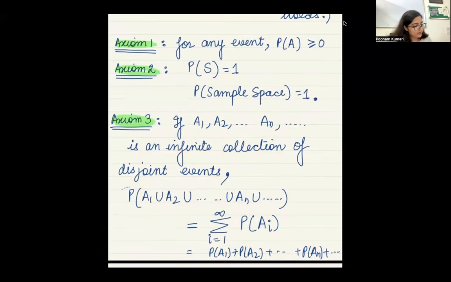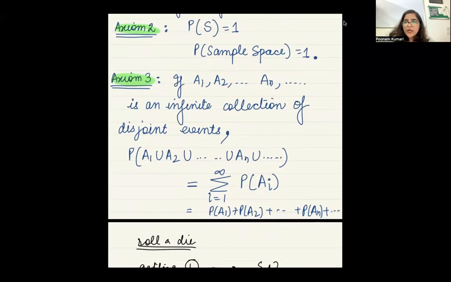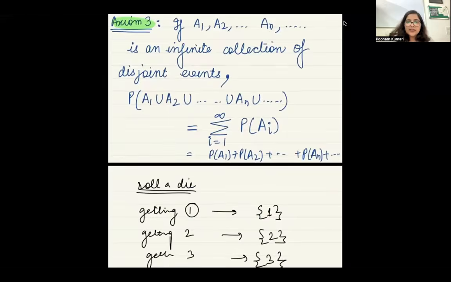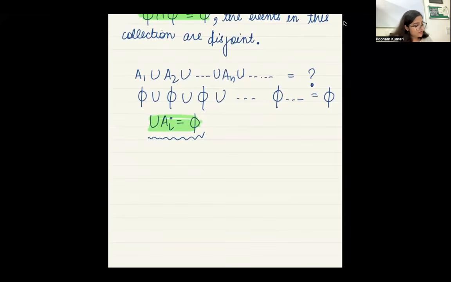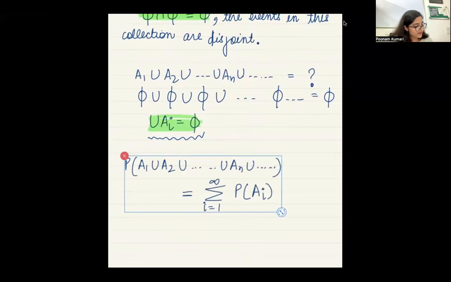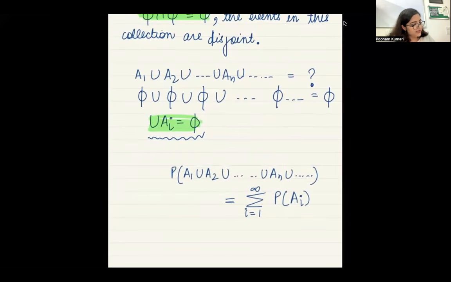So let me use this here, because all these events, the way I've defined them, are disjoint, and this is an infinite collection. So I can use axiom 3 here. According to axiom 3, I can say this.